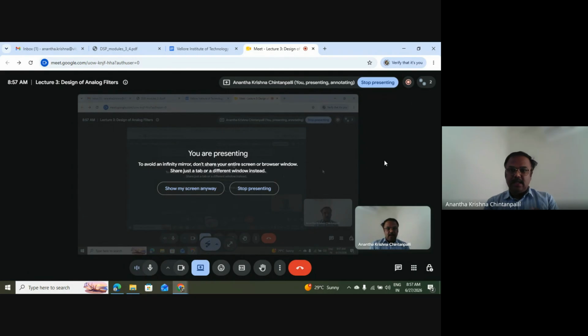What I'm going to do now is touch a little bit on digital filters, meaning the digital transformation of these analog filters. Right now we are doing only H of S, the system function which we are going to design.